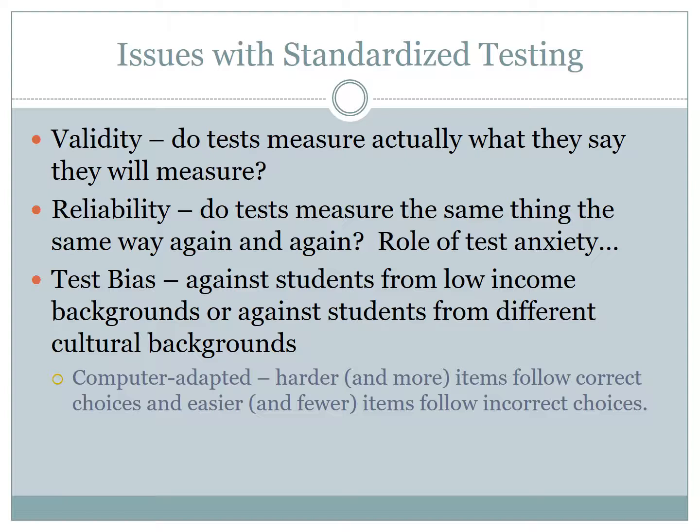And the way that works is students will answer a question correct and get another question that's slightly harder, and they'll answer that correct. They'll get another question that's slightly harder. The more they answer, the more questions they get. If they start answering a lot incorrectly, they'll get fewer questions and the questions will be easier. So the computer kind of targets what question you get based on your proficiency level.